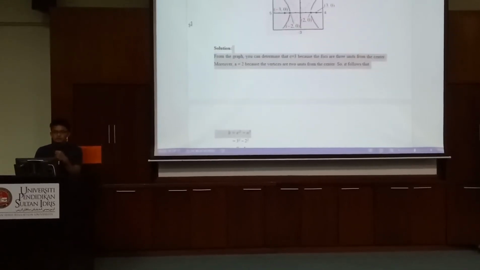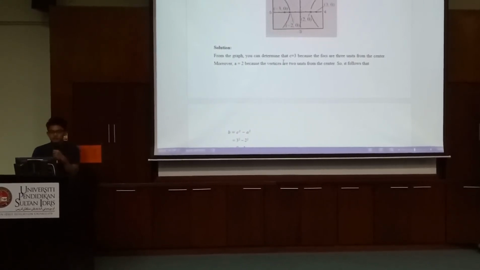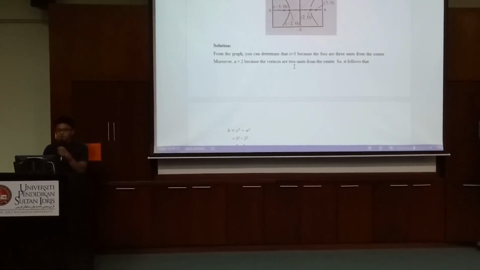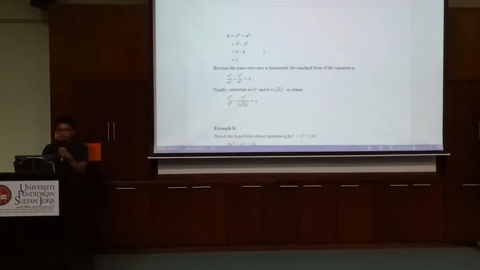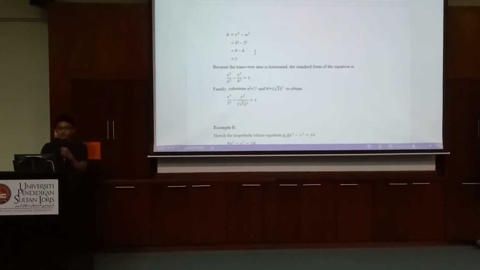Okay, for the solution from the graph, you can determine c equal to 3 because the foci are 3 units from the center. Moreover, a equal to 2 because the vertices are 2 units from the center, so it follows that b squared equal to c squared minus a squared, which becomes 3 squared minus 2 squared, so 9 minus 4 we get 5.